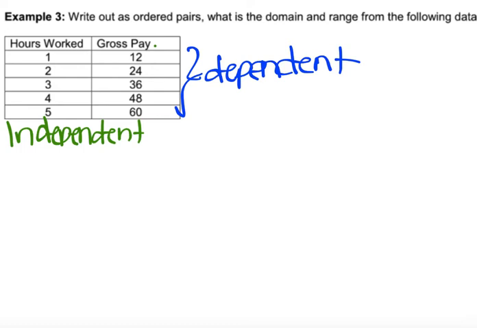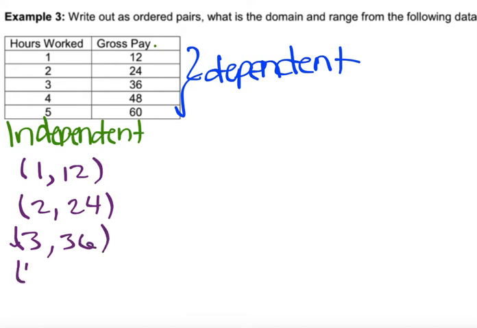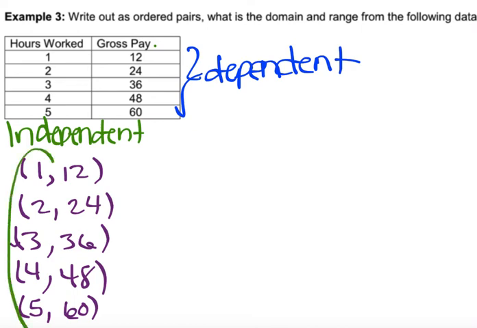So now that we've got that established, we can write these into ordered pairs, and then talk about what the domain and range would be. Ordered pairs would mean I have 1 hour and I get paid 12, 2 and 24, 3 and 36, 4 and 48, and 5 and 60. The first ones within my set are my independent, which means they are also my domain.